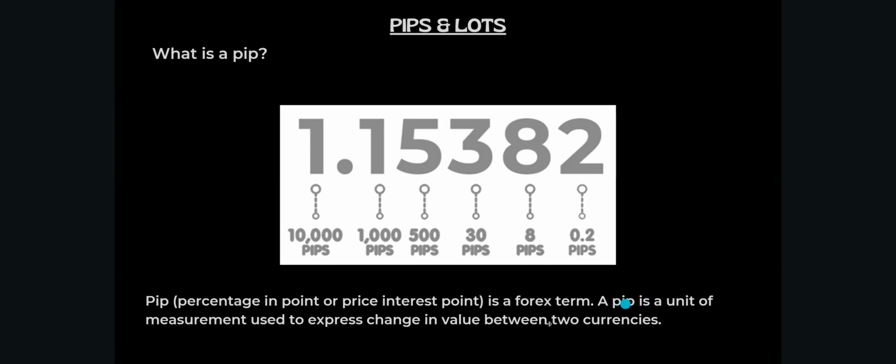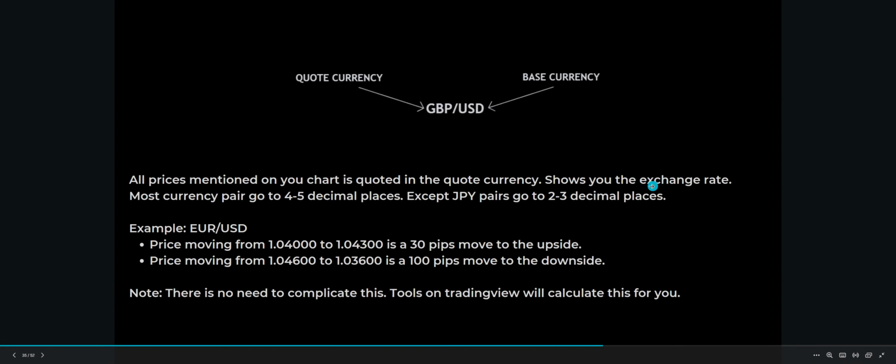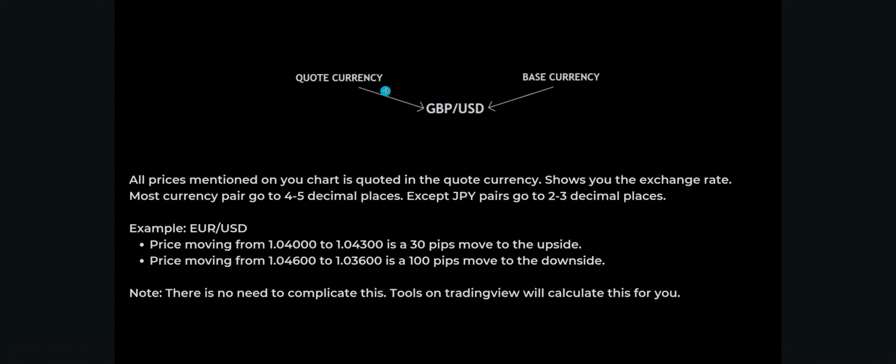So what I mentioned here is a unit of measurement used to express change in the value between two currencies. So we have a pair here, right? British pound, US dollar. Always remember that the first currency mentioned is usually the quote currency, and the second currency mentioned is usually the base currency.